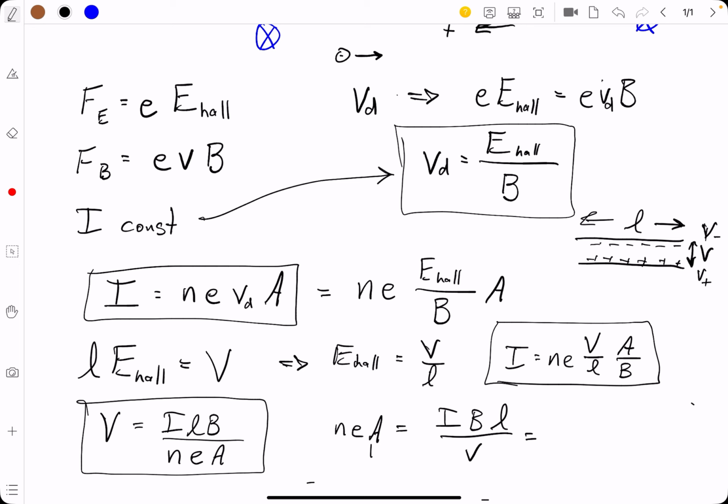And then in the other equation, we've got I over our drift velocity. This is voltage, by the way, and this is drift velocity. I need to keep my velocities as a small v and make that a smaller d. So that is an equation that we can use. But of course, we can solve this for the Hall voltage.